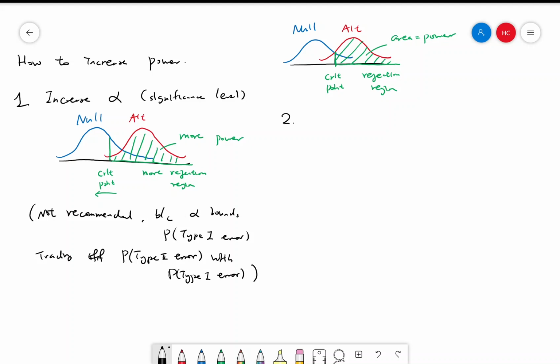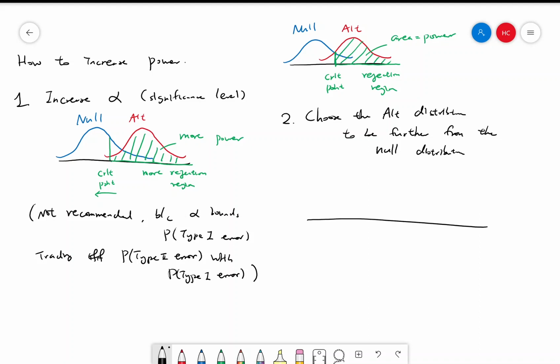And the second way, you have seen it in the previous example, you can choose the alternate distribution to be further from the null distribution. Okay, so let's draw that again. The null distribution never changes. But if we choose the alternate distribution to be further from the null distribution, let's make it drastic, like that.